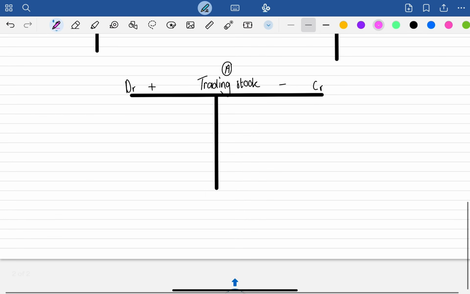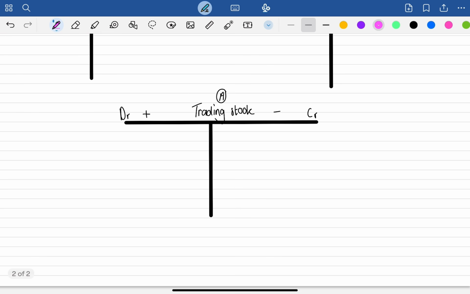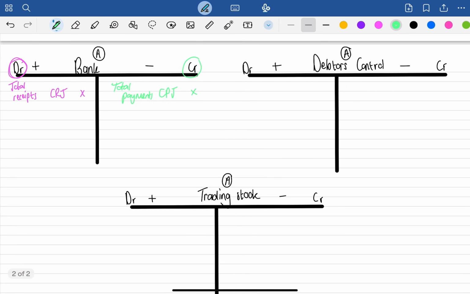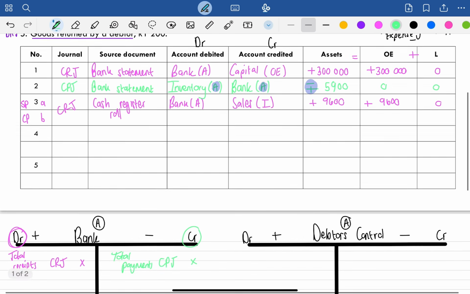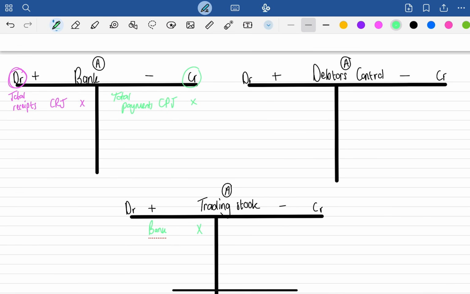And that's where this trading stock account comes in quite handy. If you think about stock, when we bought stock, we would have credited bank and debited stock. So here is what we actually did in the previous transaction. We debited stock or inventory, and we are crediting bank. But now in transaction number 3, we are selling the stock.